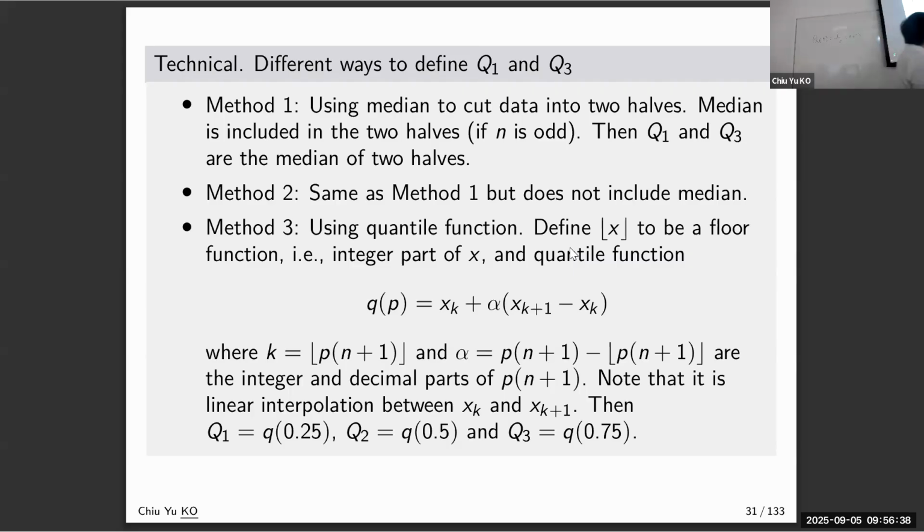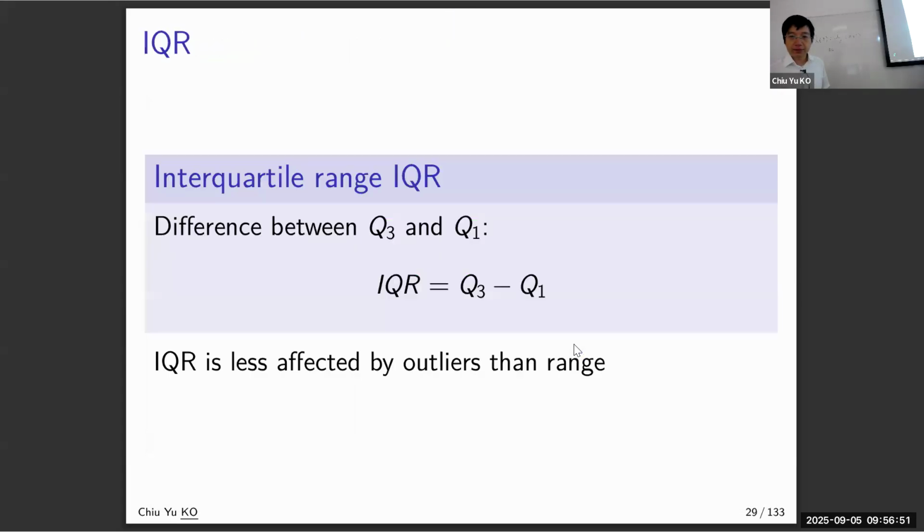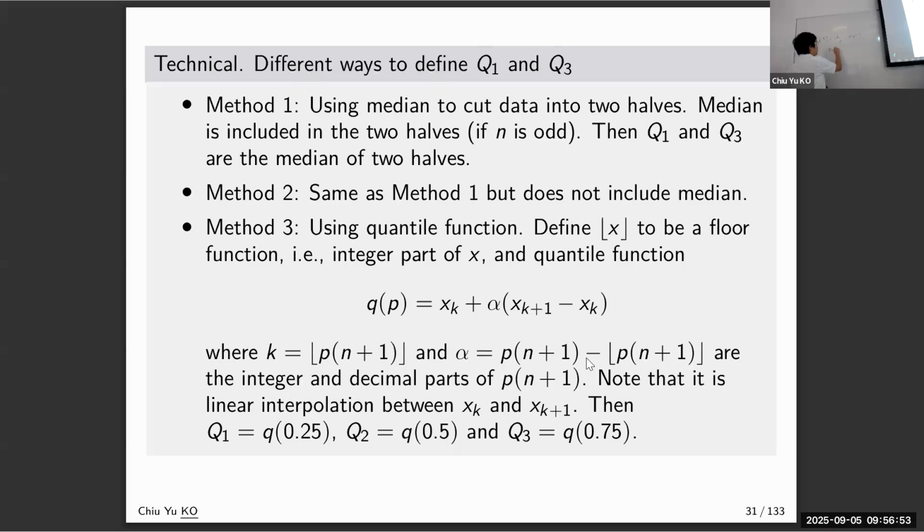Suppose n is 5. What is this calculation? 5 plus 1 is 6, and 6 divided by 2 is 3, so it's the third guy. That is how we calculate the median, the third data point: 1, 2, 3, 4, 5.